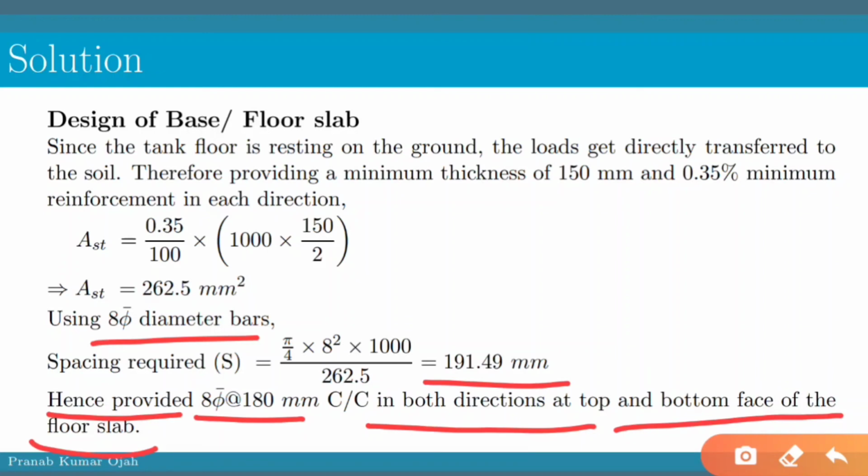So this is the design of the base or floor slab for the water tank. We have already designed the hoop tension reinforcement as well as the distribution reinforcement. So this is all about the design of the circular water tank.